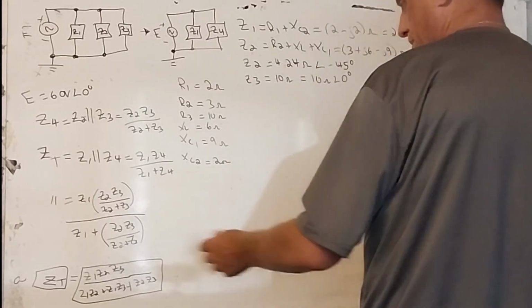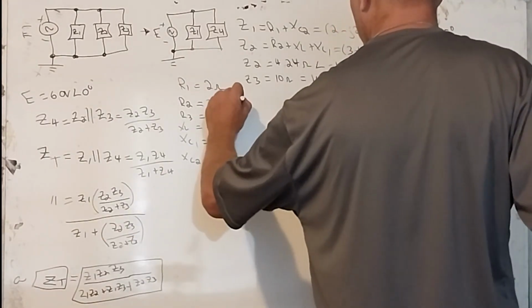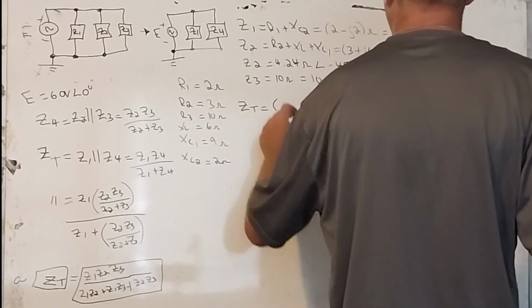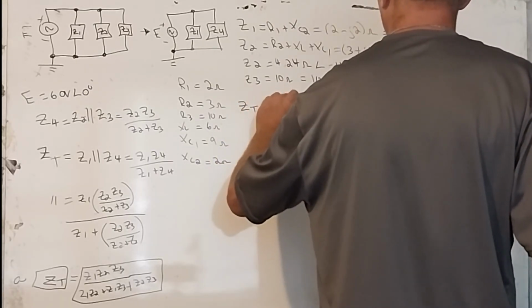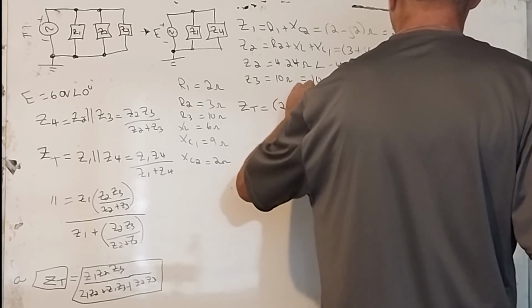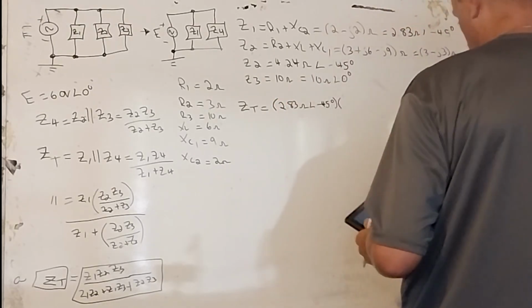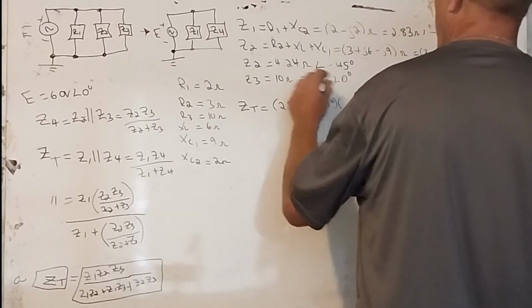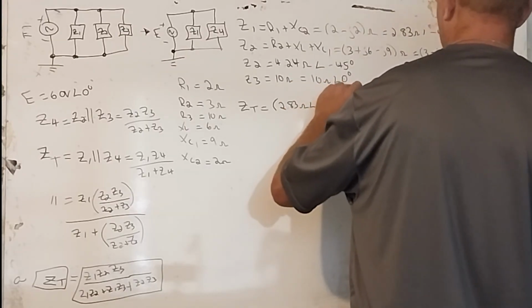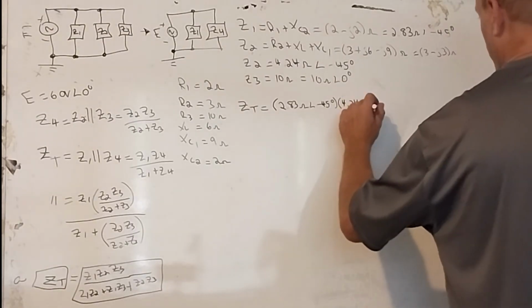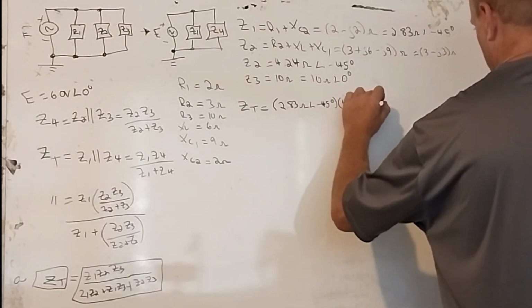So now we can plug all this in. ZT is equal to Z1, which is 2.83 ohms at an angle of negative 45 degrees, times Z sub 2, which is 4.24 ohms at an angle of negative 45 degrees.